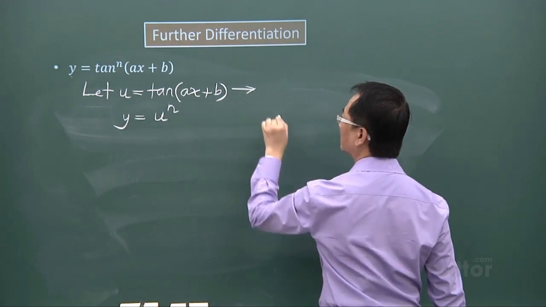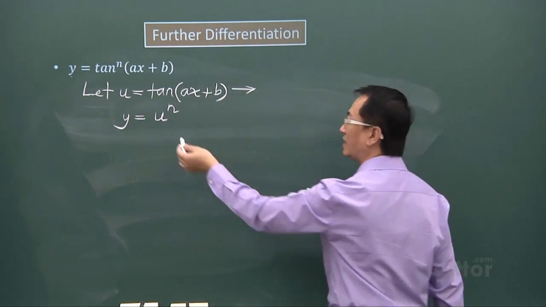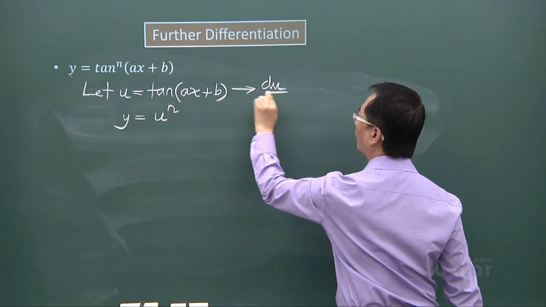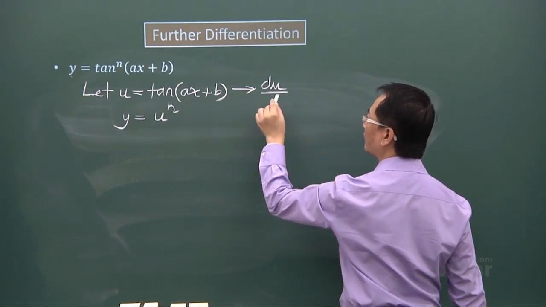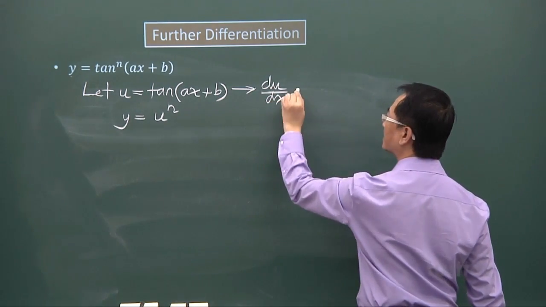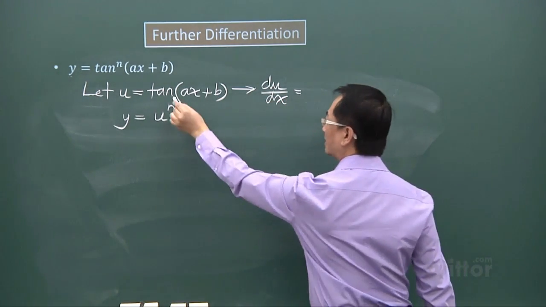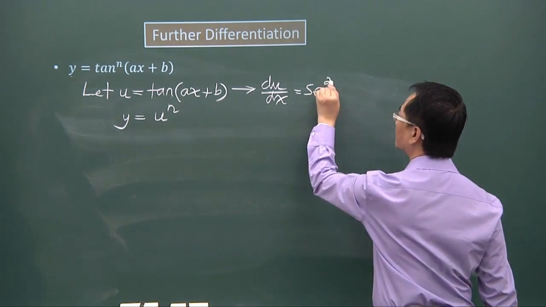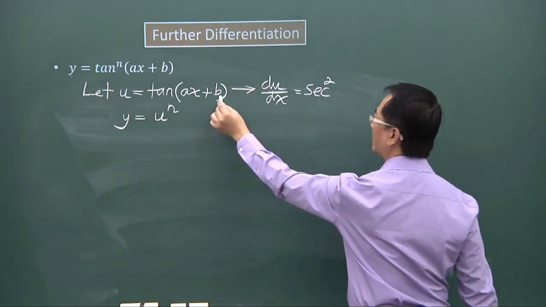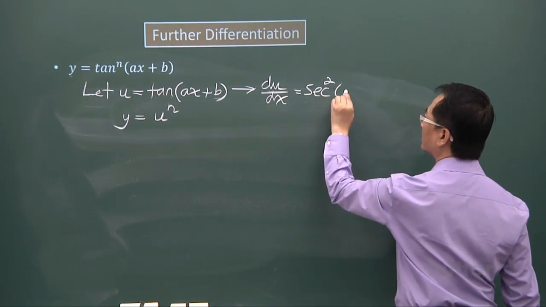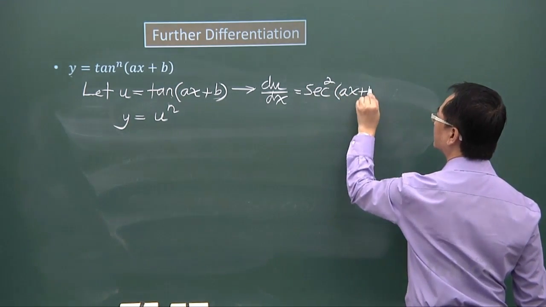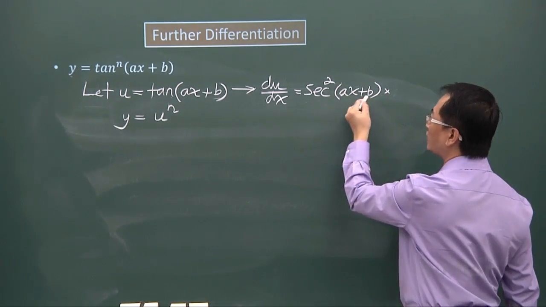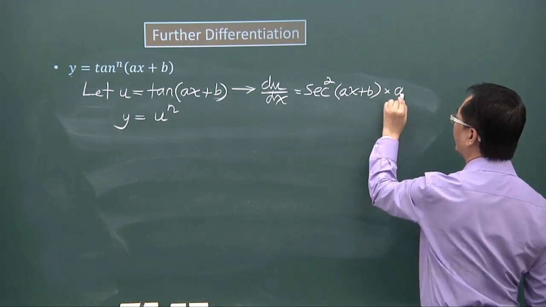That equation up there has the subject y, so it's dy over du. Tangent is a function of x, so du over dx. Differentiate tangent, you get secant squared, and the angular expression remains the same. Multiplied by, you differentiate the angular expression, you get an a.